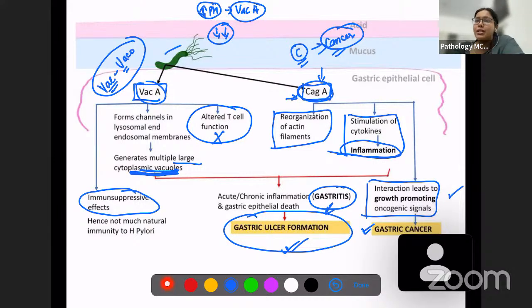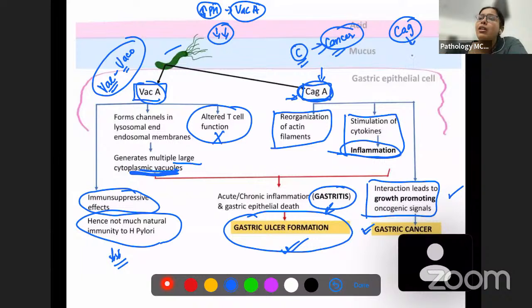Whenever there are tumor cells, our immunity can act against them. That is known as tumor immunity. So when immunity is reduced, it is not going to act against H. pylori or even the tumor cells. So remember CagA for cancer and VacA for vacuolation and reduced immunity. CagA for ulcer formation as well as gastric cancer formation.